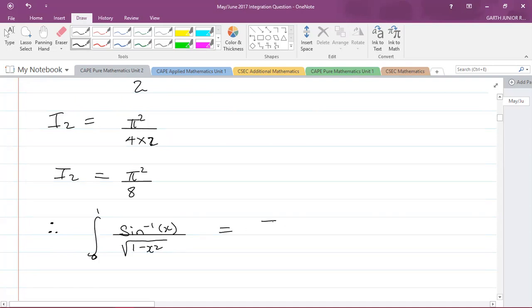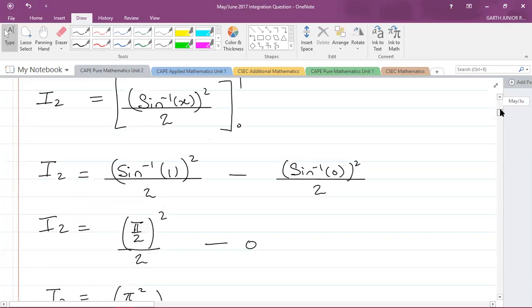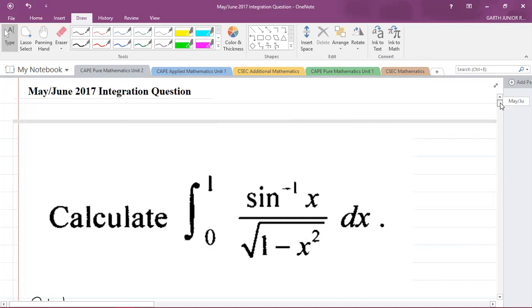That is equal to pi squared divided by 8 radians. Okay, so that is my answer for this past paper question. The answer is pi squared over 8. Okay, good. I hope it was helpful.